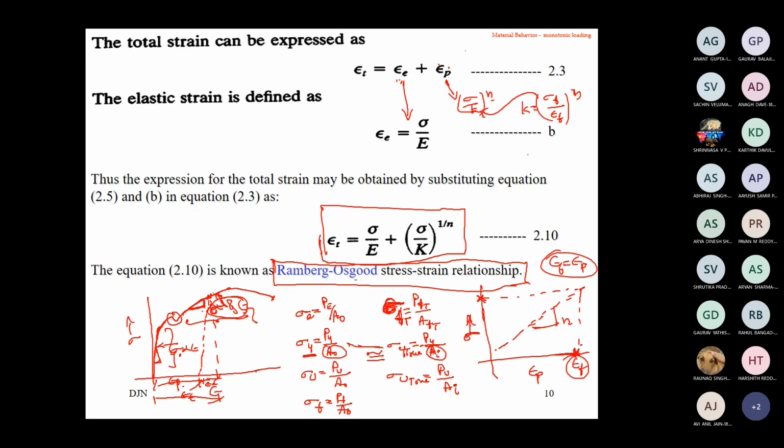And this relation, the epsilon P relation, is given by Manson. The same Manson we have seen earlier in the high cycle fatigue approach, Manson's double linear damage rule.